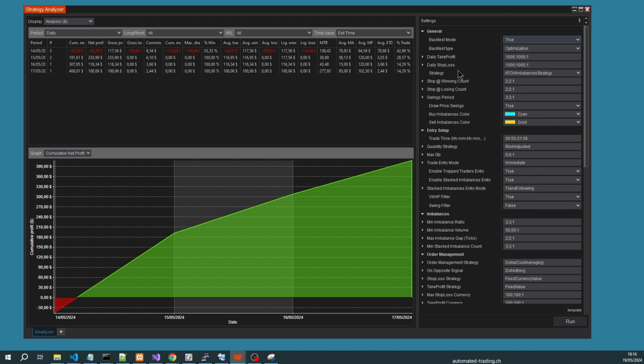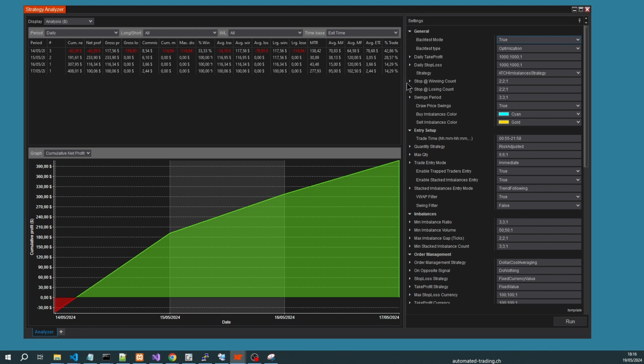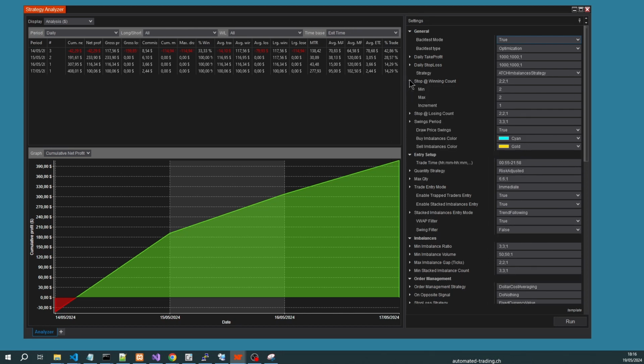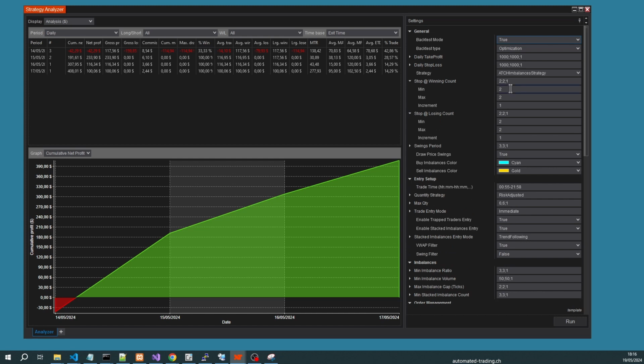Then we leave these values at the default ones, and then the stop at winning count and the stop at losing count. Here you can specify the minimum value, the maximum value, and the increment. For example, for stop at winning count, I will set this from 2 to 4 with an increment of 1.